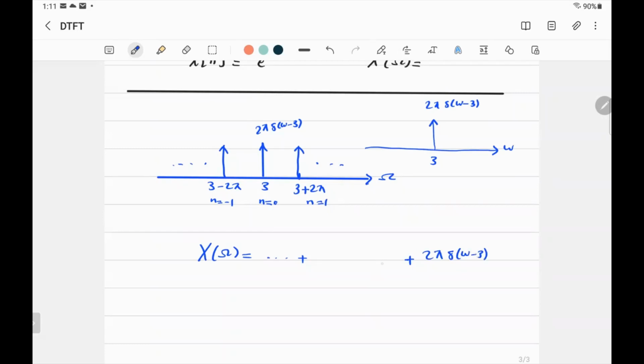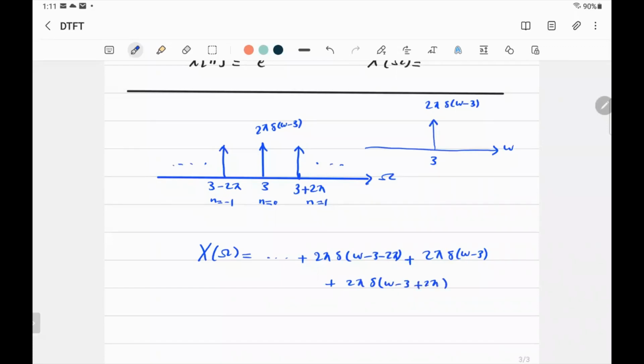The one before that, I subtract 2 pi, so I have 2 pi delta omega minus 3 minus 2 pi. And the one to the right, when n equal 1, will have 2 pi delta omega minus 3 plus 2 pi.